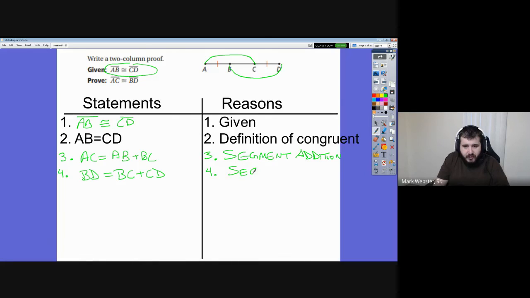Again, it's the same thing. Now that we have these, well, I know that I can take my equals statement, statement 2, and I can add the thing that's missing. They're both missing a BC, so I'm going to add BC to both sides.